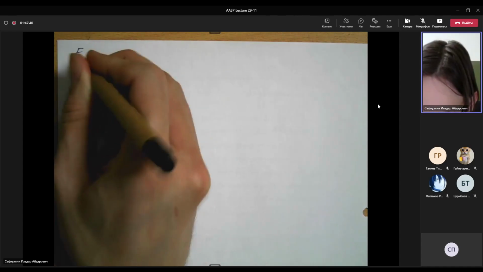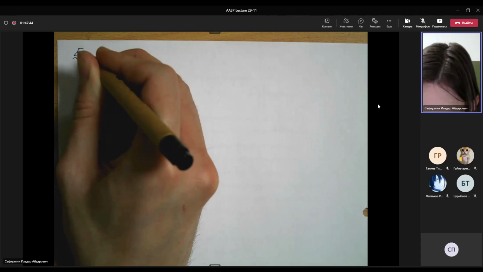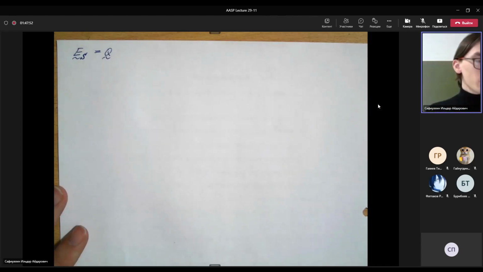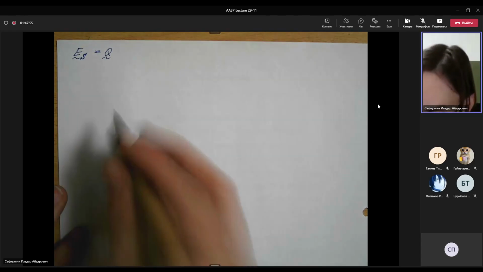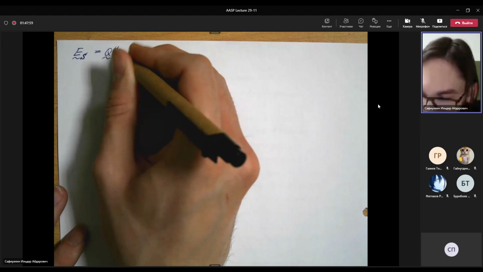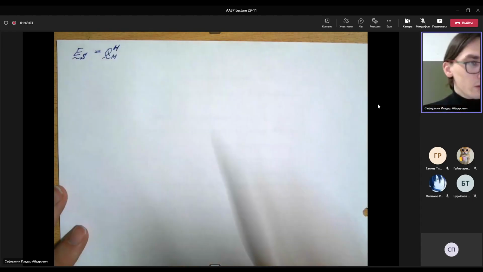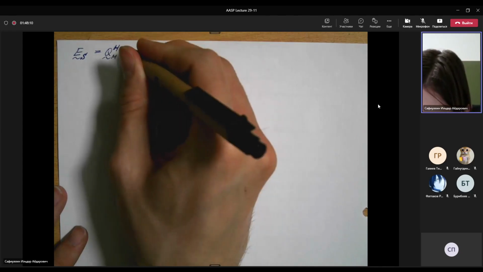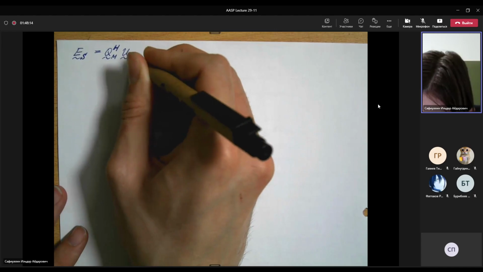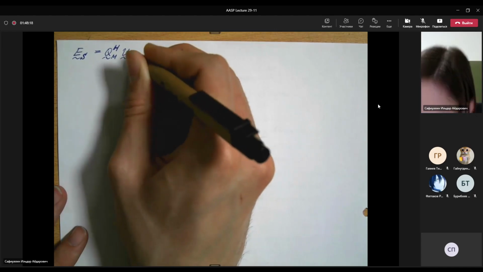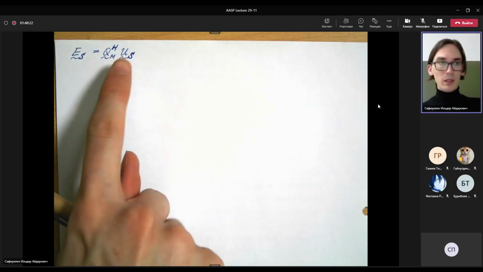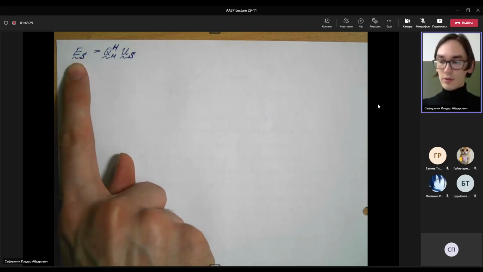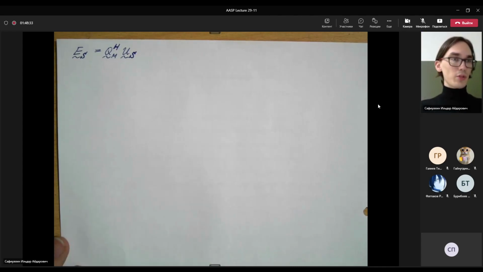So E sub S, this one with capital S, is equal to the sparse unitary matrix of size M with Hermitian times the signal subspace of matrix X. So U sub S with capital S. So it is the signal subspace of the original measurement matrix, and this one is the signal subspace of the transformed measurement matrix.